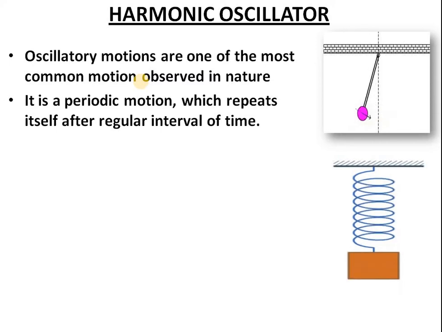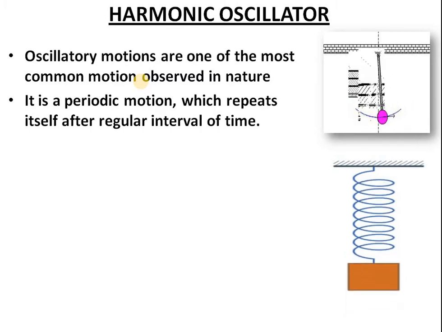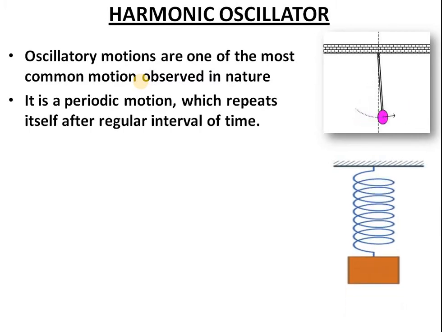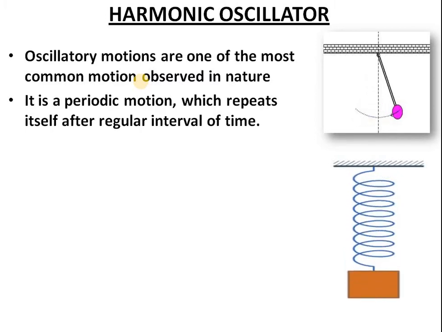Because a particular motion gets repeated several times. Any motion that gets repeated several times is called a periodic motion, that is, anything that repeats after a regular interval of time. And oscillatory motion is such a motion, it repeats after a regular interval of time. So we can say that oscillatory motion is a kind of periodic motion.